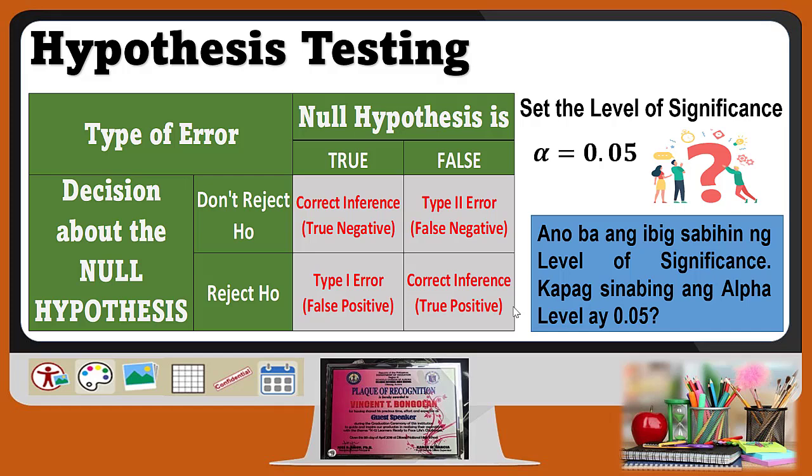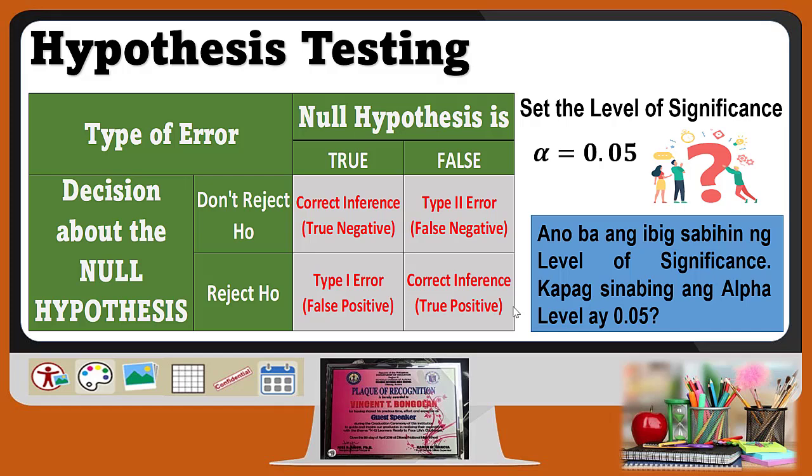Magkakaroon at magkakaroon siya ng mali sa kanyang desisyon. At ito nga, yung ibig sabihin at connection ng level of significance sa type of error.